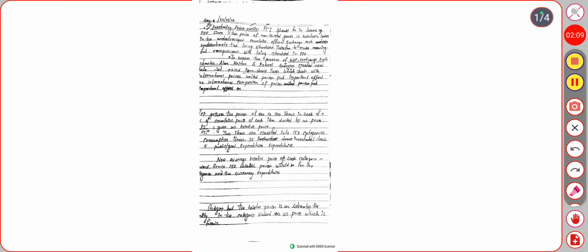So $10 means 800 rupees in Indian currency.